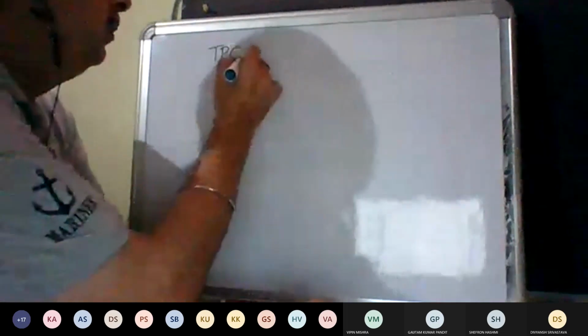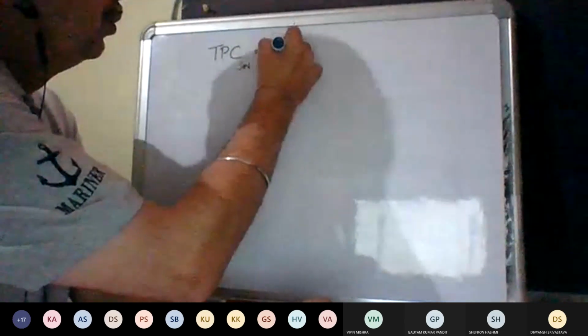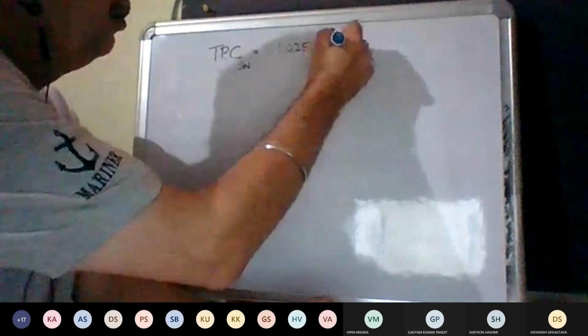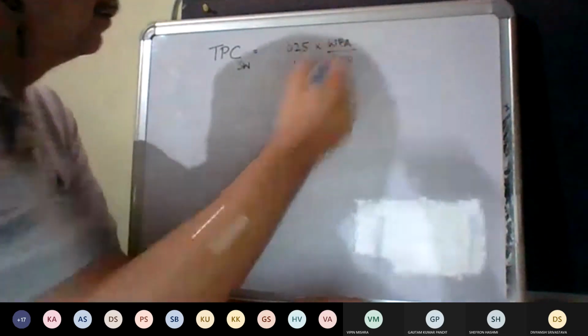So TPC of salt water is equal to 1.025 into water plane area upon 100.